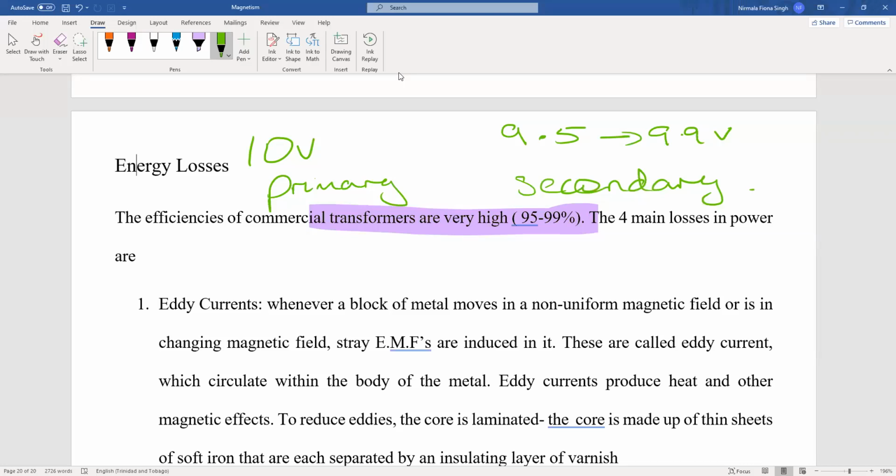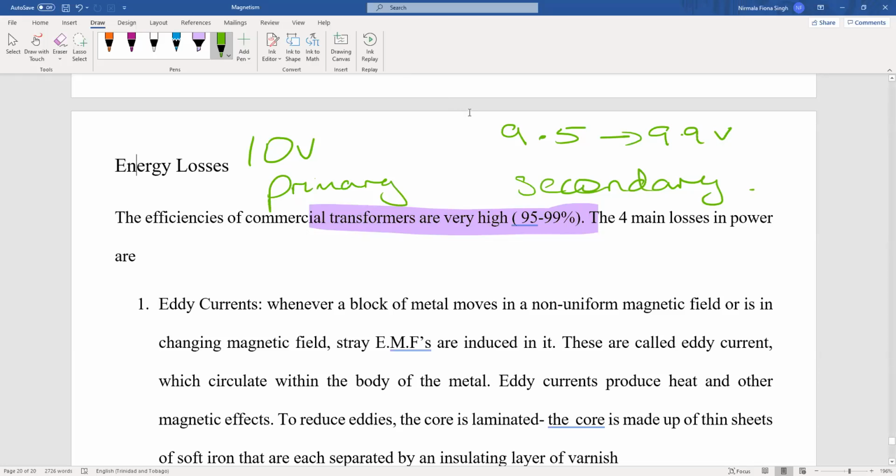So that means as much energy as we put in, we get nearly as much coming out, which is awesome because we're not wasting electricity. All right, and you don't want to waste electricity. You don't want to waste energy. That's one of the main goals in engineering and whatnot is to reduce power losses and whatnot.